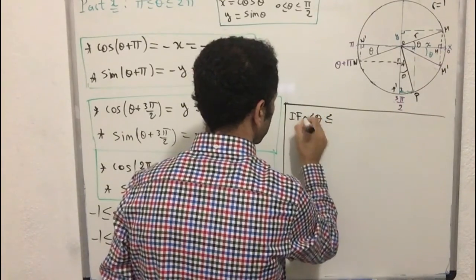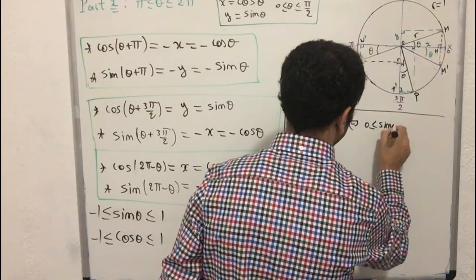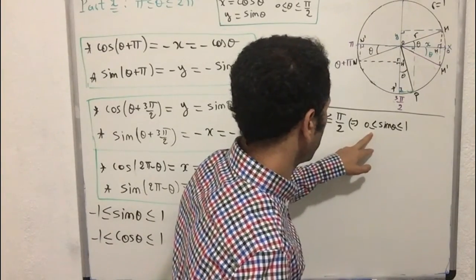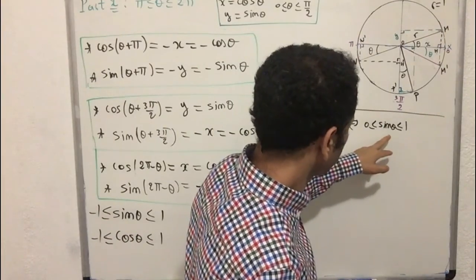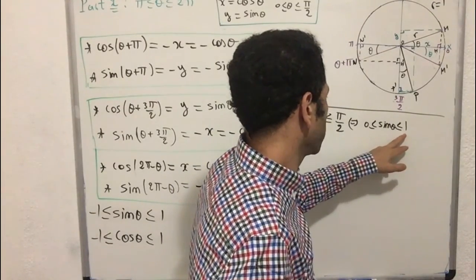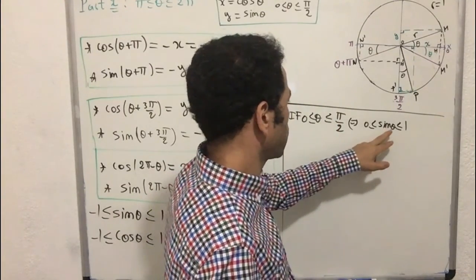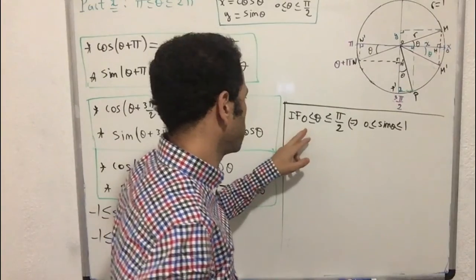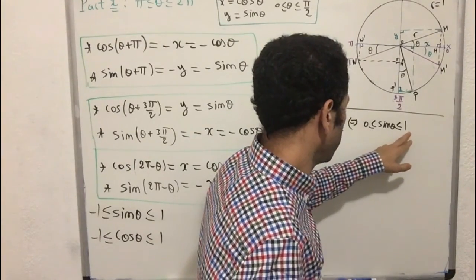If theta is between 0 and pi over 2, equivalently, sine theta is larger or equal to 0 and inferior or equal to 1.